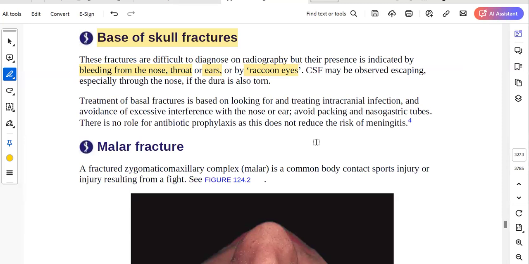So if a patient with a head injury has those signs, you would think that this might be a case of base of the skull fracture.